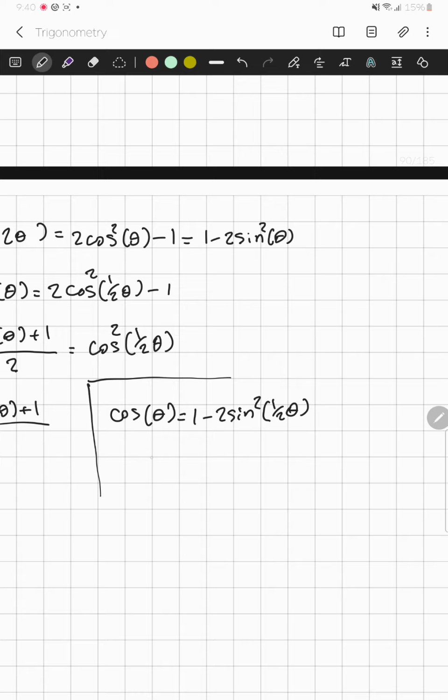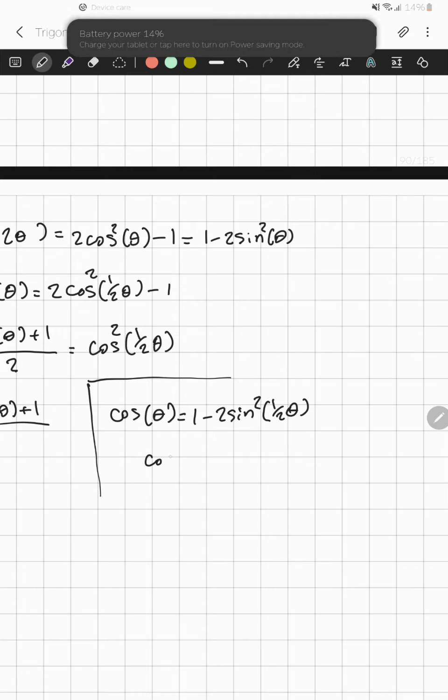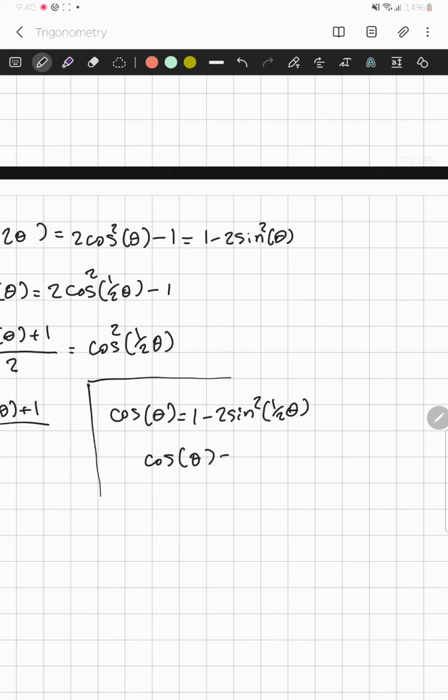And now we reduce again, divide by minus 2, and that equals 1 minus cosine theta over 2.